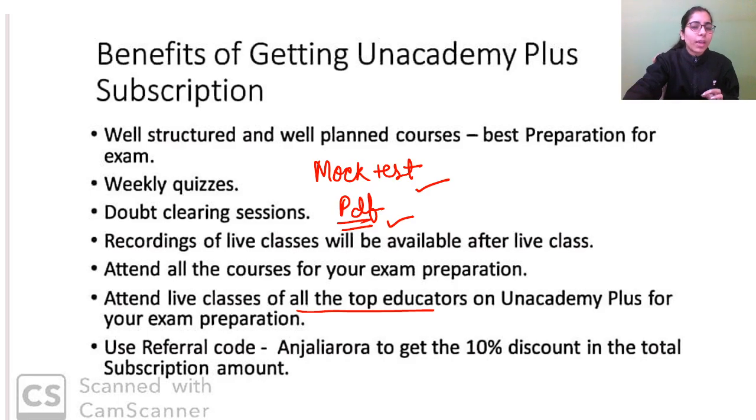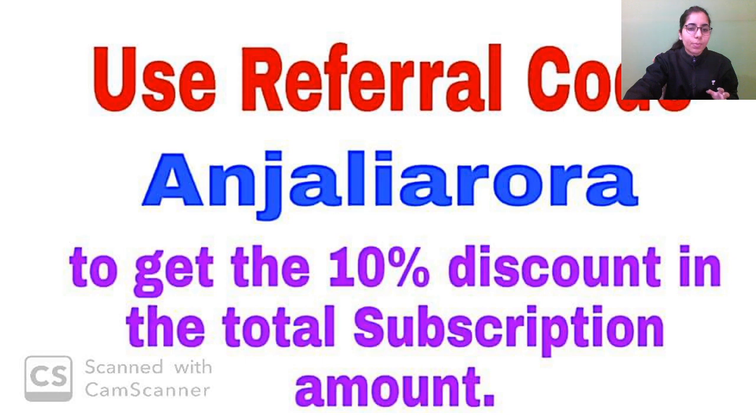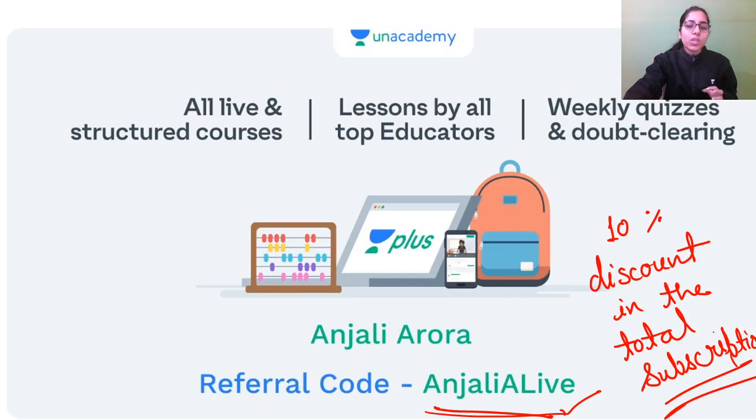Now if I'm going to talk about the steps to take the subscription. So what are the steps, guys? First of all, you need to download the Unacademy learning app. After downloading the Unacademy learning app, you will log into the app. After login, there are going to be 3 lines there.